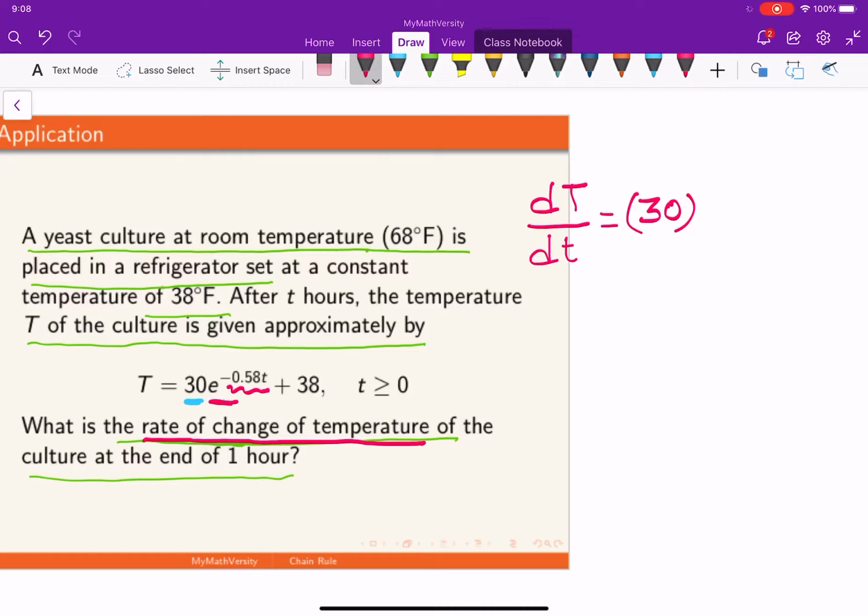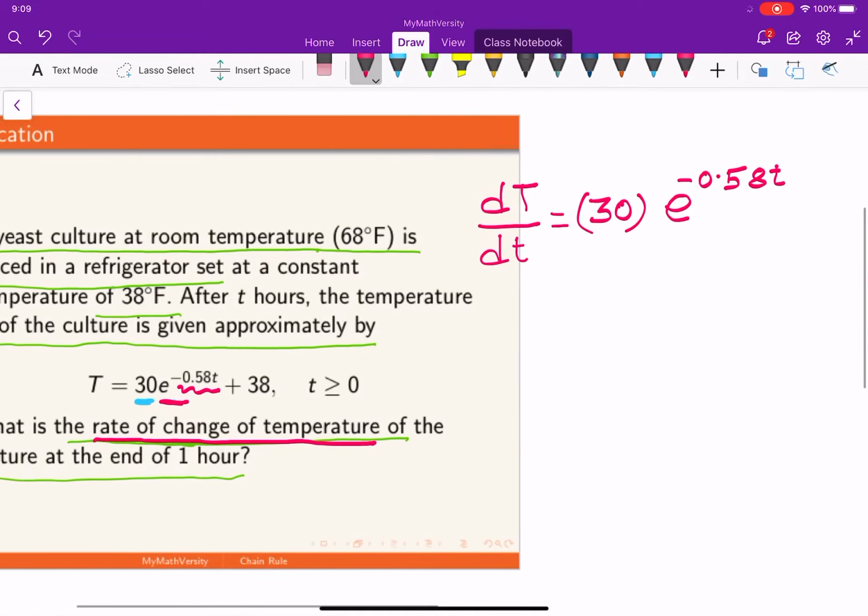By using the chain rule, the derivative of the exponential function, e to the power x, composed with negative 0.58 times t, gives e to the power negative 0.58 times t.